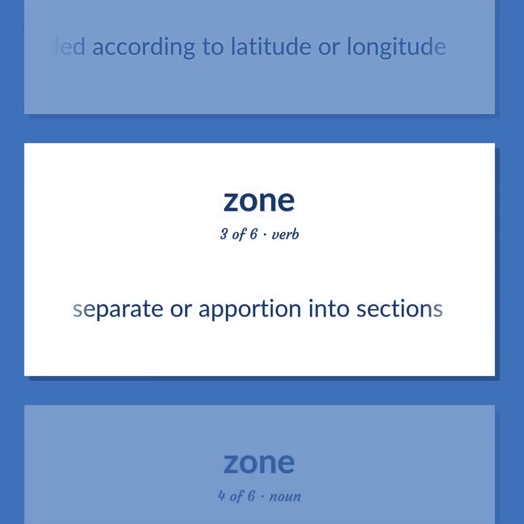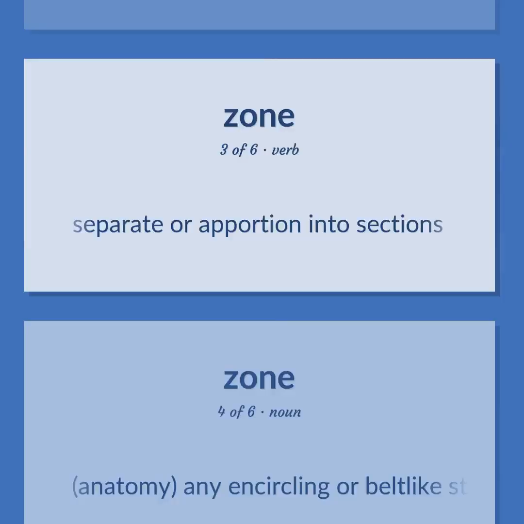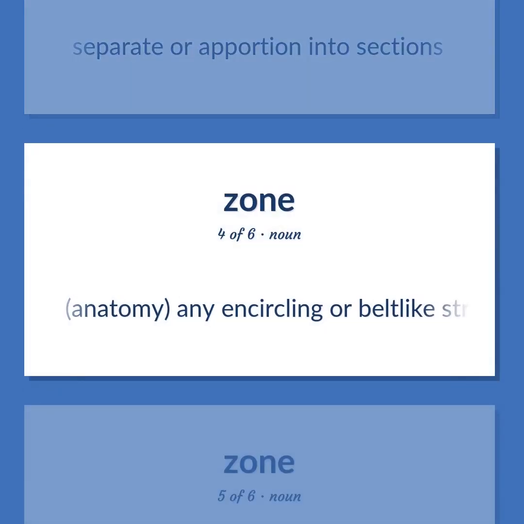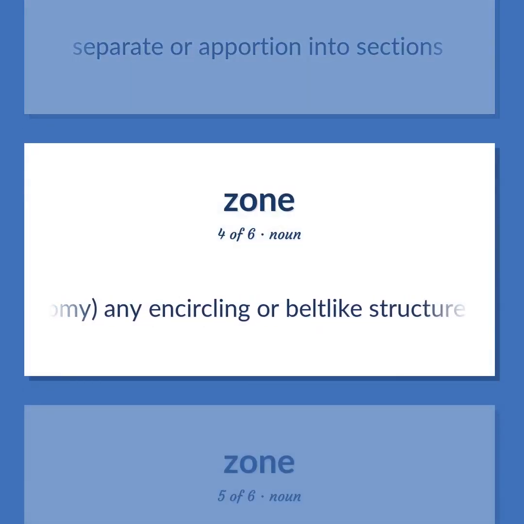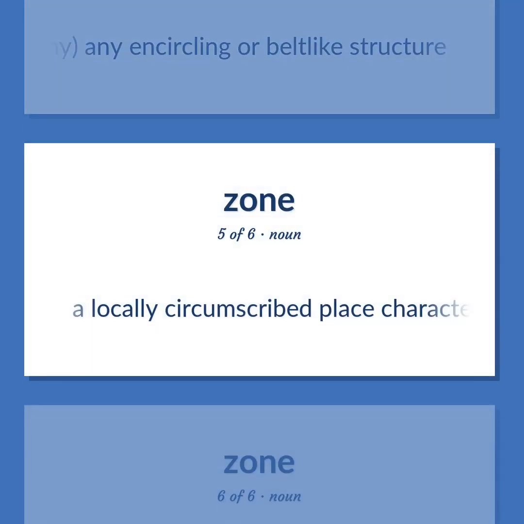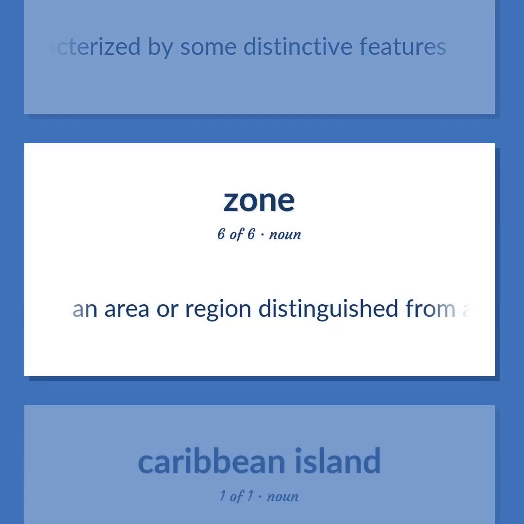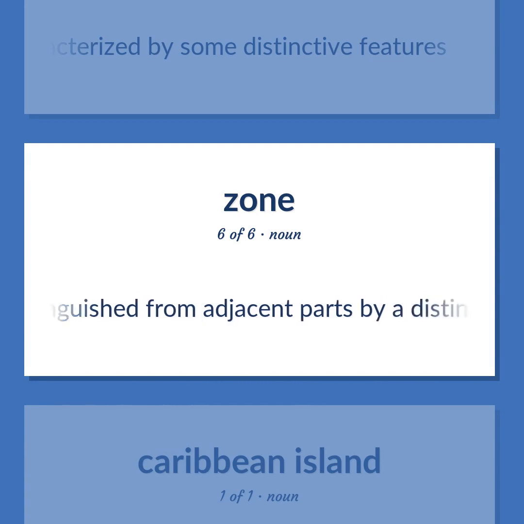Separate or apportion into sections. Anatomy, any encircling or belt-like structure. A locally circumscribed place characterized by some distinctive features. An area or region distinguished from adjacent parts by a distinctive feature or characteristic.